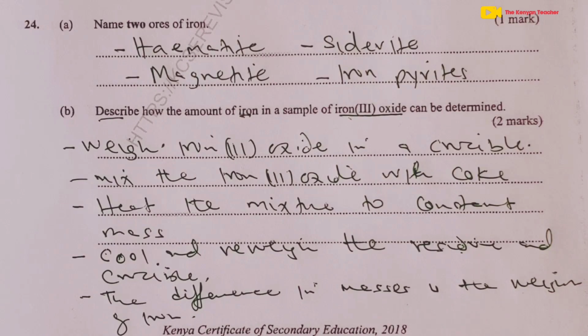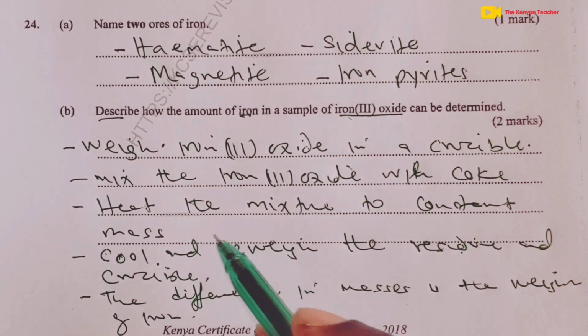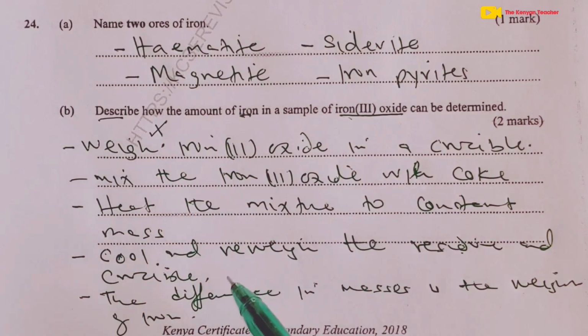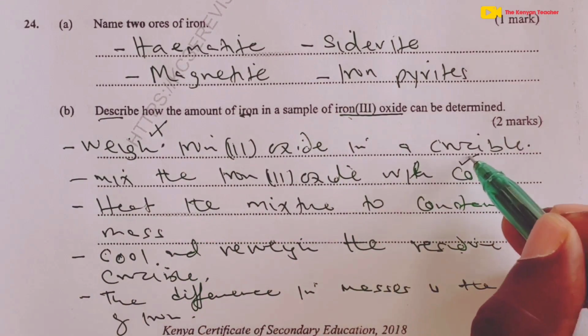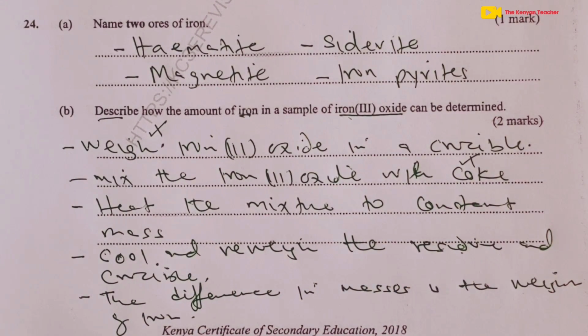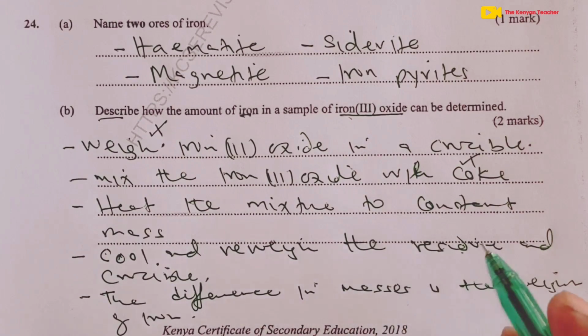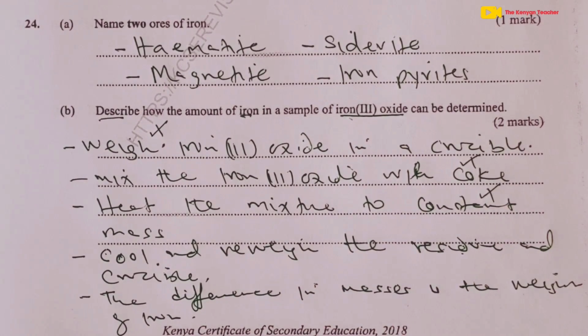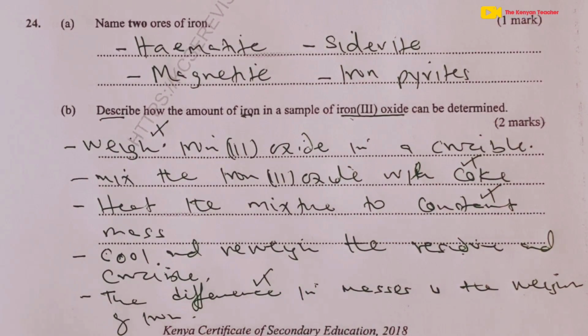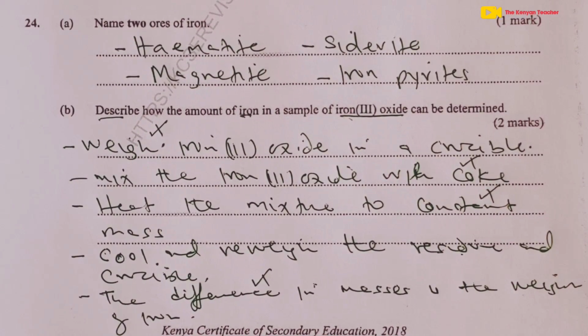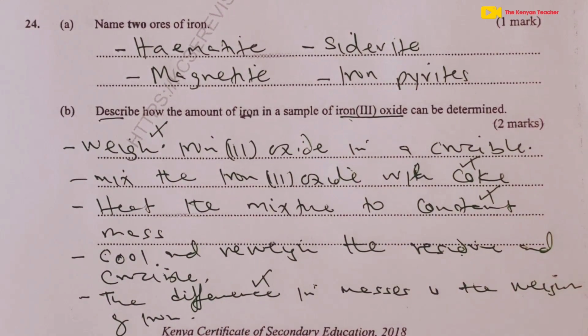So it is 2 marks. We are going to have half mark for the first weighing, half mark for using the correct reducing agent, another half for the constant mass, and finally the difference in masses will earn ourselves the last half mark.